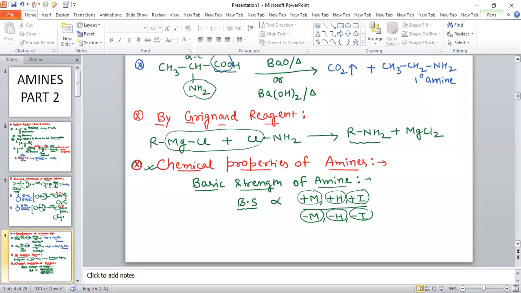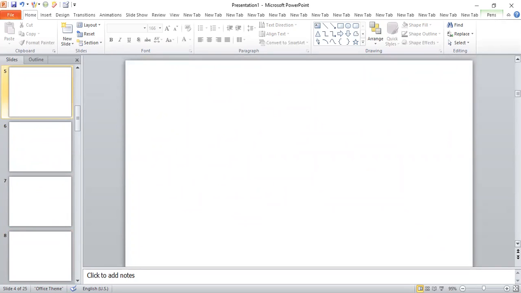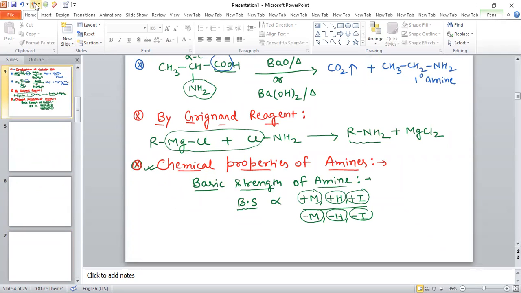Remember, note this point, because of the basic nature of amines, you can write this in the form of a note: amines can turn red litmus into blue litmus.